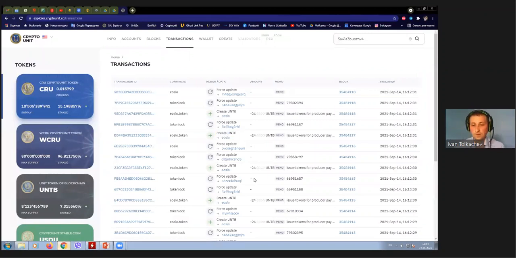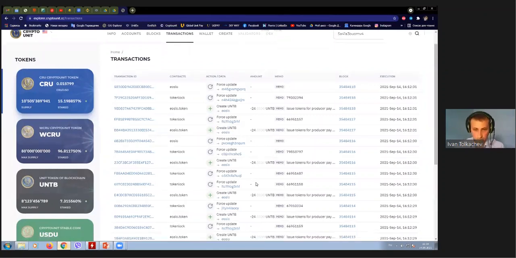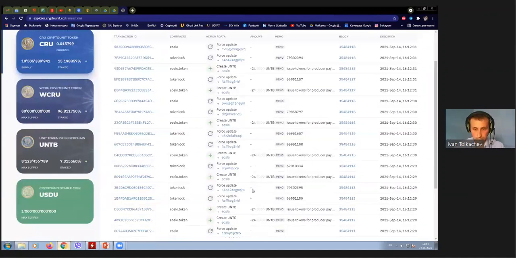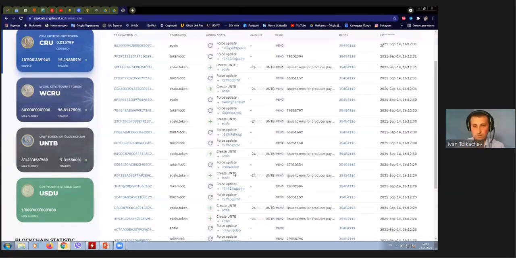Create UNTB, create UNTB. What other transactions are there? We will find something interesting. Here, for instance, claim UNTB.